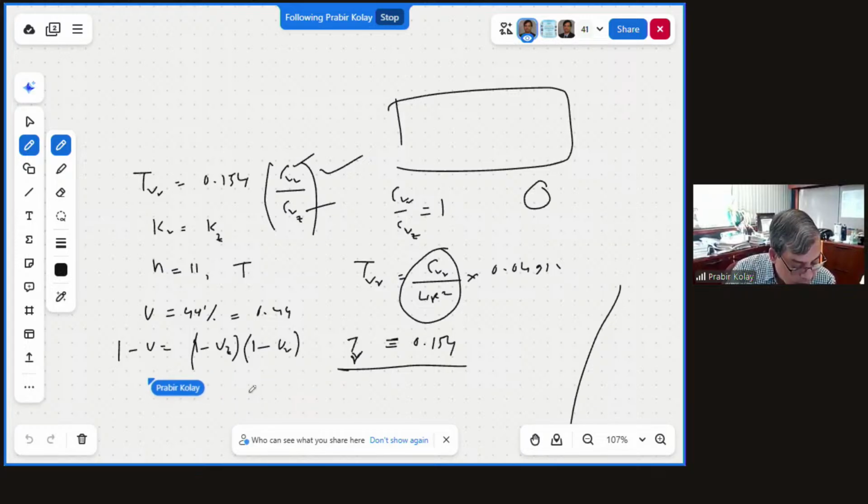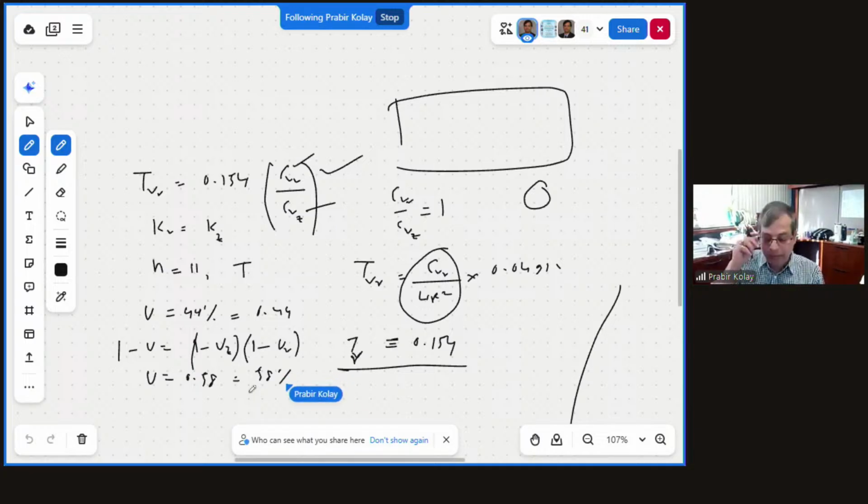From here, you can easily calculate that U is equal to 0.58, so 58%. You see that when there was no drainage, the degree of consolidation is 25%. Now, because of the sand drain, the degree of consolidation is increased to 58%.